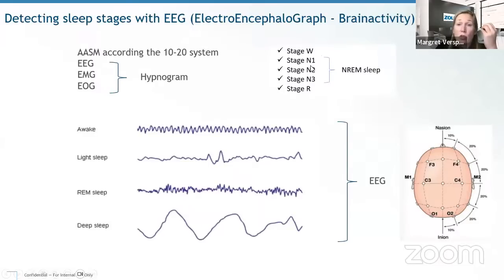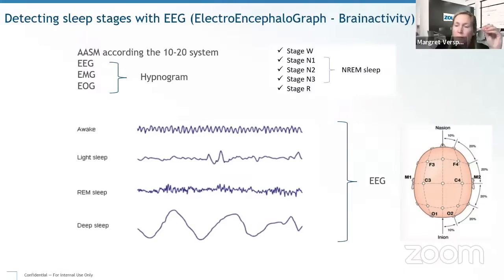Stage 1 and stage 2, like I already mentioned, are light sleep, where the brain activity slows down. In deep sleep, even more, so we have slow wave activity. In REM, the brain activity gets faster. It looks a bit like wake, even faster than wake, fast frequency, low amplitude.